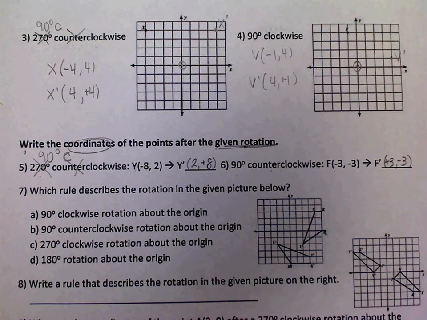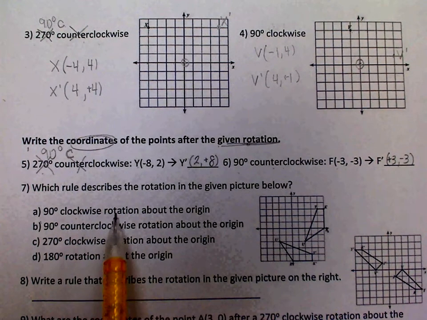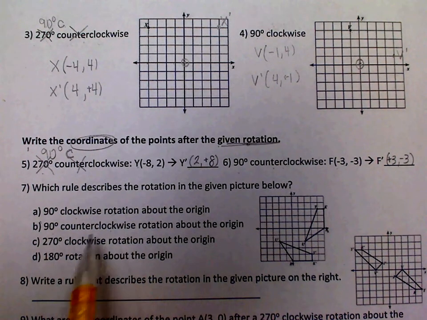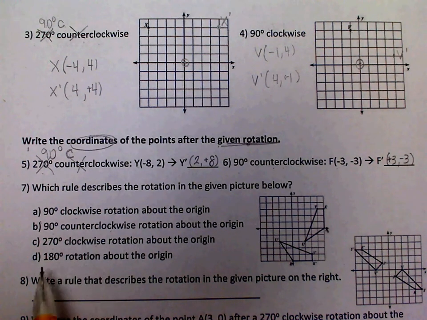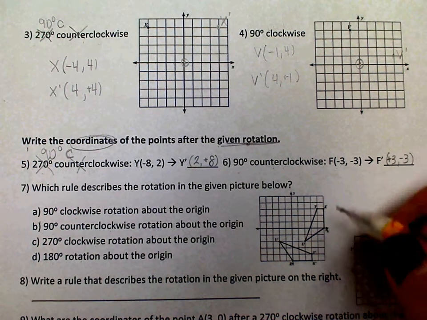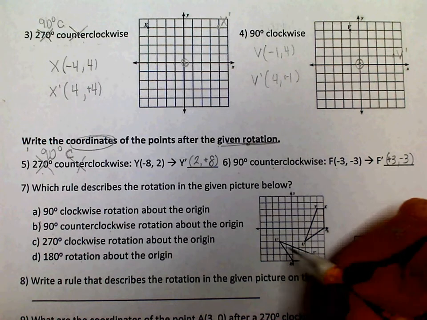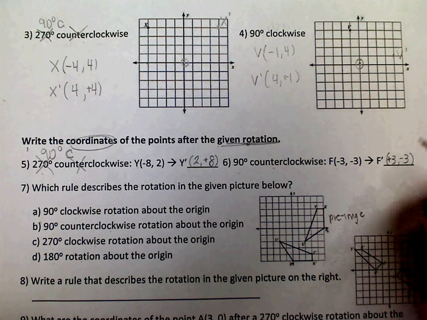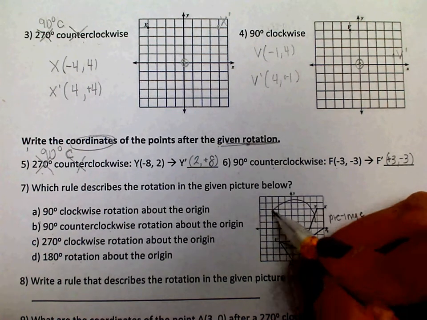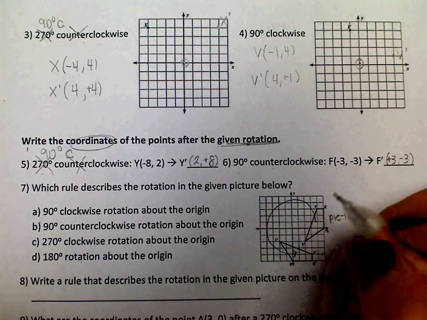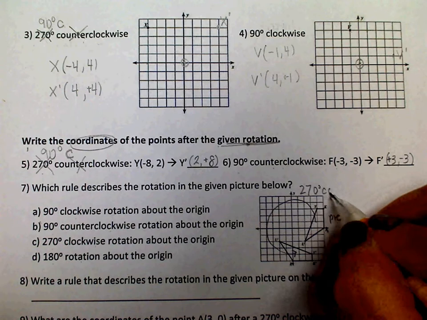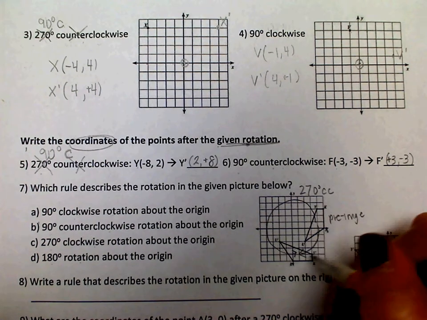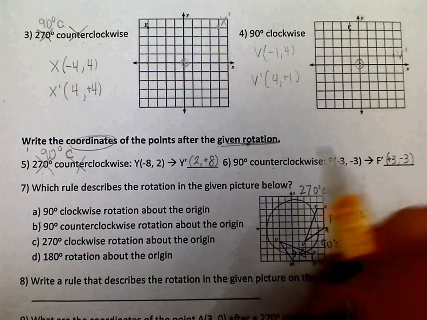Which rule describes the rotation of the given below? Is it a 90 degree clockwise about the origin, 90 degrees counterclockwise, 270 clockwise, 180 rotation? So let's see for the primes. The primes are here. So this is your pre-image, which means it could either have gone all the way this way, which is a 270 motion counterclockwise, or it could have gone 90 degrees to get here clockwise. So let's see, this one makes sense.